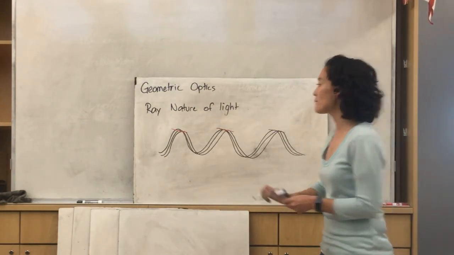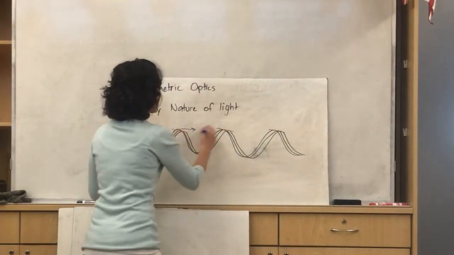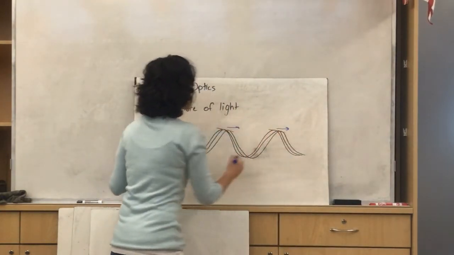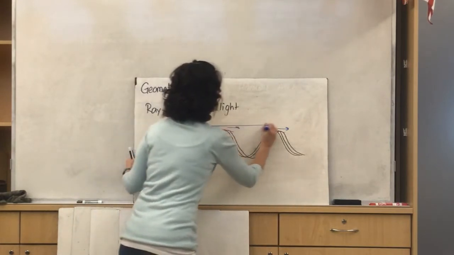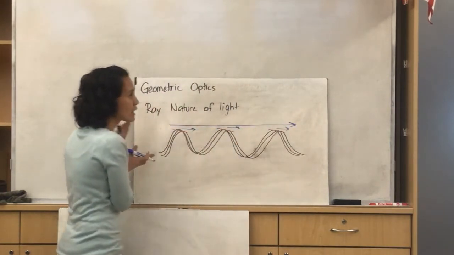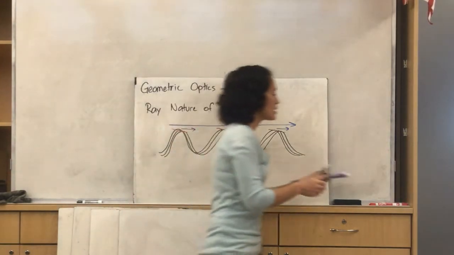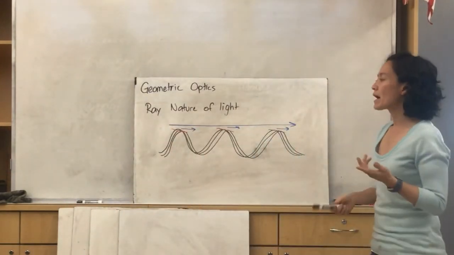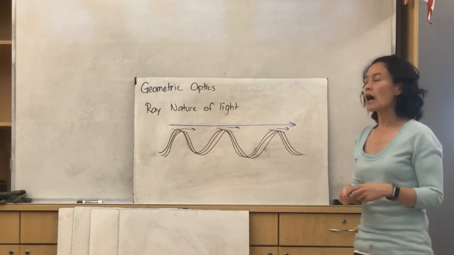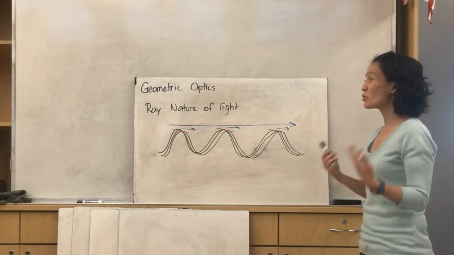We can see that the crests are moving in this direction. So we look at what's called the ray nature of light and say, collectively the light wave is moving off in this direction. It's an easier way for us to analyze light waves both mathematically and conceptually. So that's the ray nature of light.